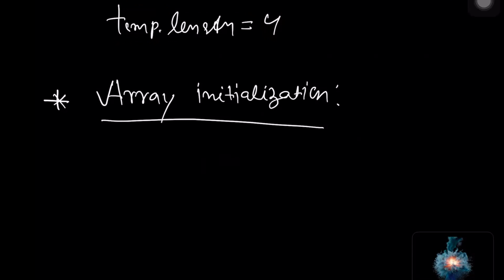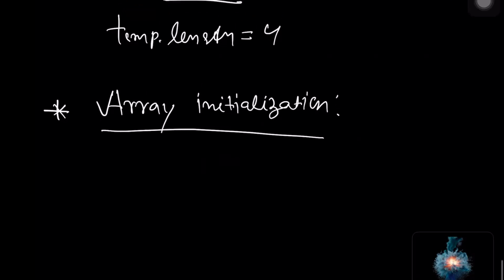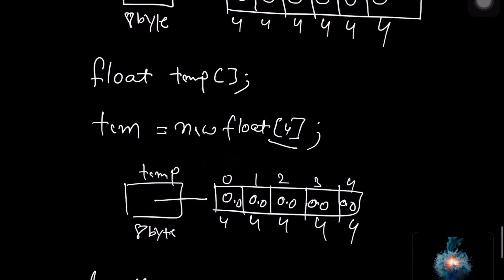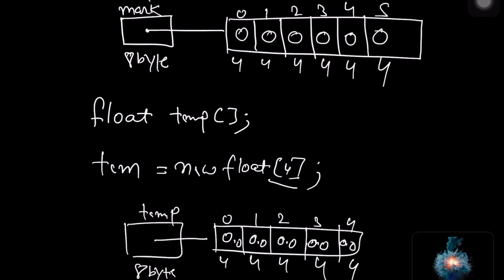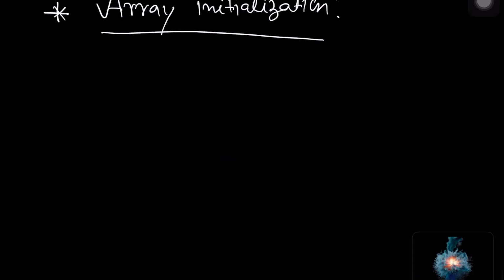We have not stored any value into it. When you construct the array and you have not provided any initialization value, it will initialize the array with the default value at the time of construction. That is the one point that you guys have to remember.